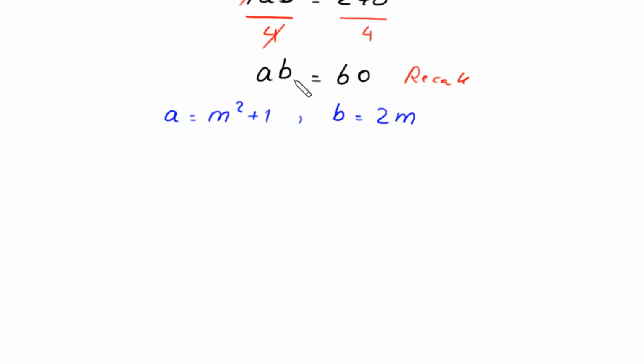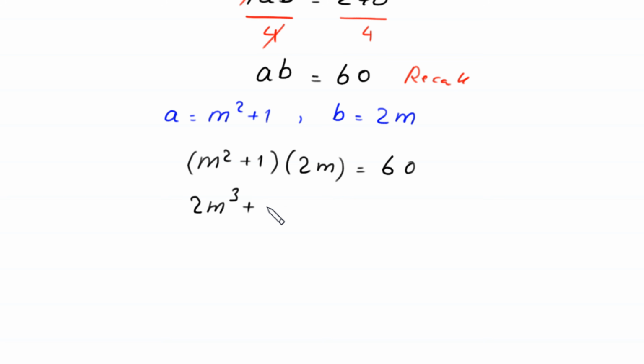So this equation will become (m^2 + 1) times 2m is equal to 60. Now 2m times m^2 is 2m^3, and 2m times 1 is 2m, is equal to 60.